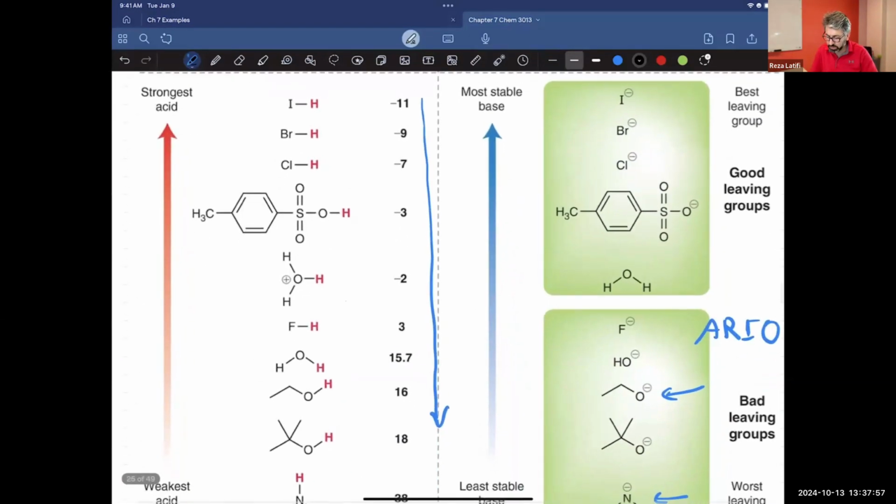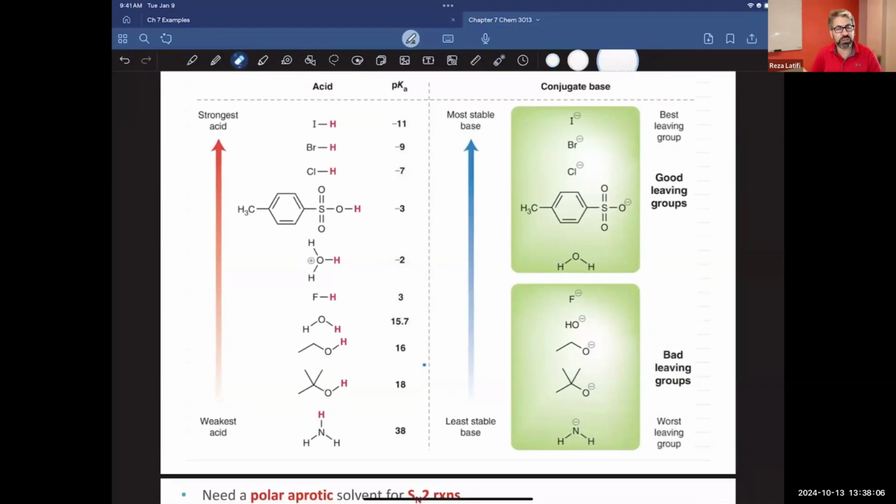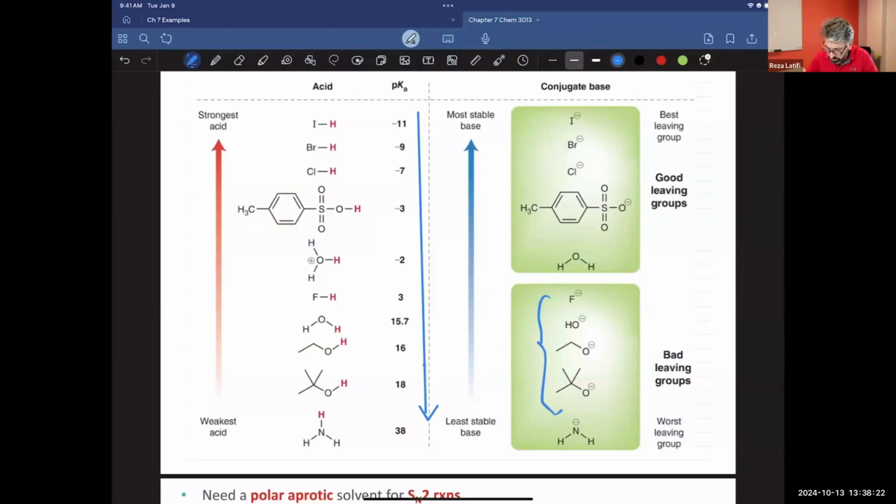Now, if you want to track the pKa, you will see that as the pKa increases, acidity goes down. That means we're going to get a strong conjugate base.